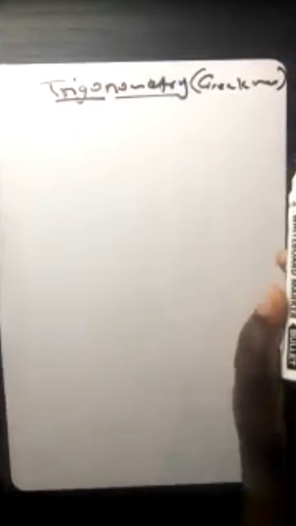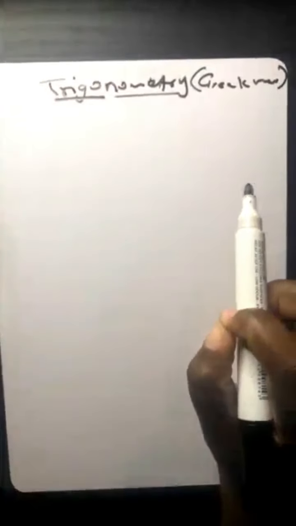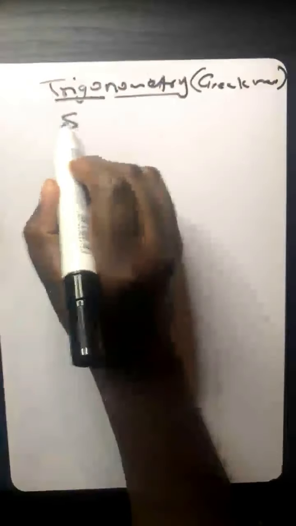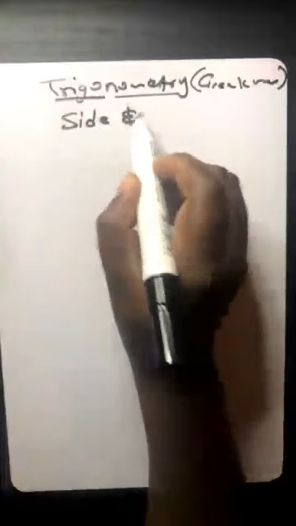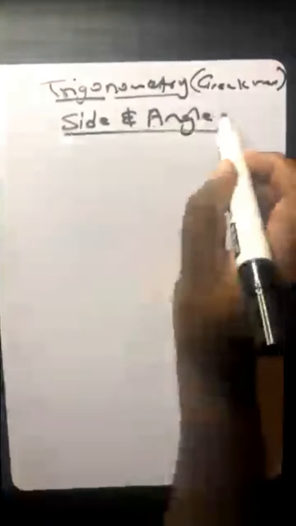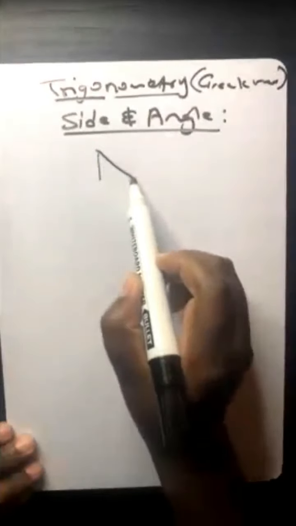So in short, when we are dealing with trigonometry, we measure or study the relationship between sides and angles. Going forward, I'll be talking mostly about sides and angles.